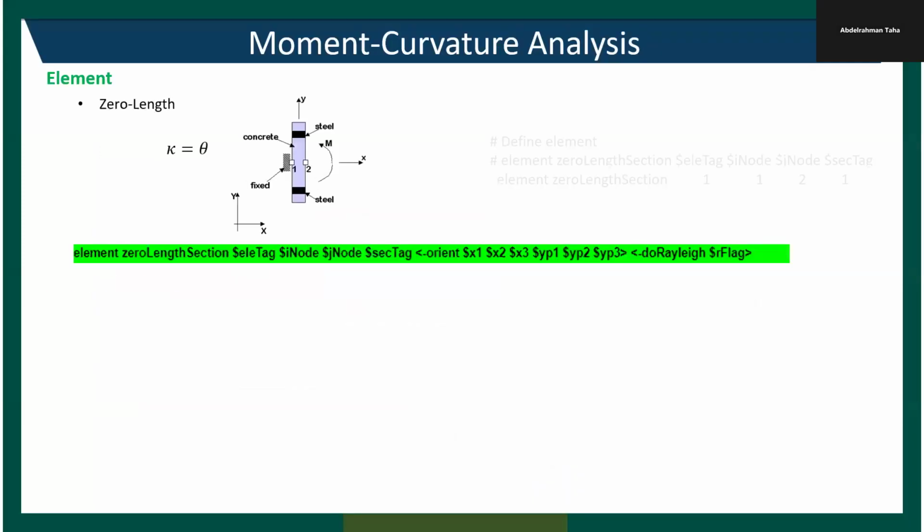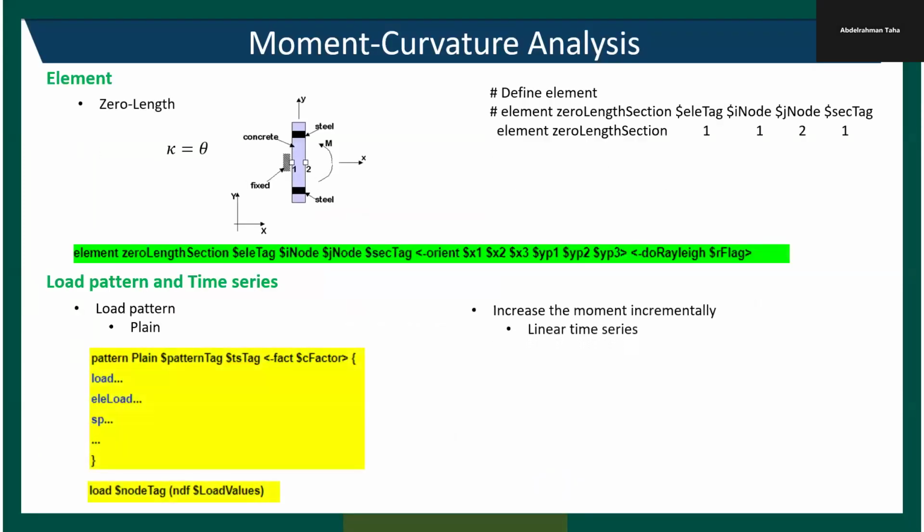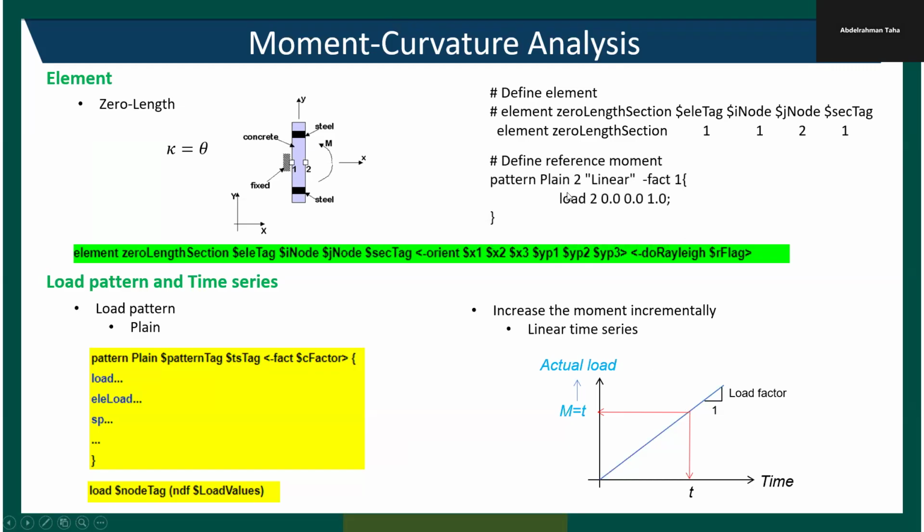And the way to do this is basically to define a relationship between the load and the time. So if we have a linear relationship, basically the load is varying linearly with time. That means that the recorded time will correspond to the load on this node. And how we define this relationship is through the load pattern. This is how we define the load pattern, linear, meaning that we have this linear relationship between time and load, and we give it a factor of 1.